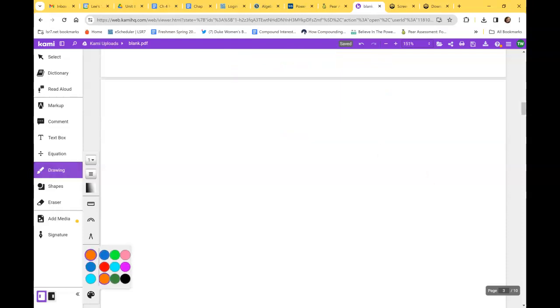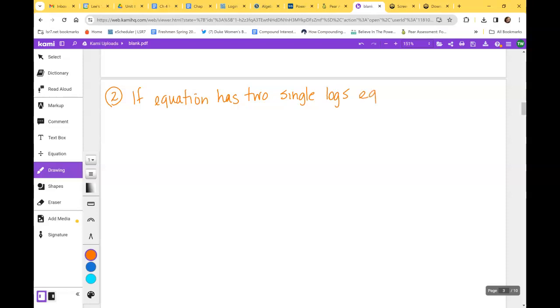The next kind of situation is if the equation has 2 single logs equal to each other, drop the logs.